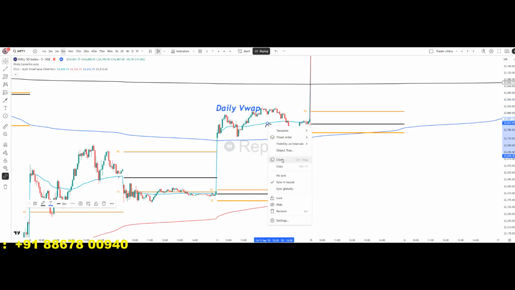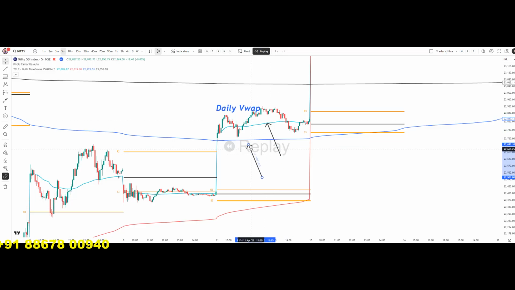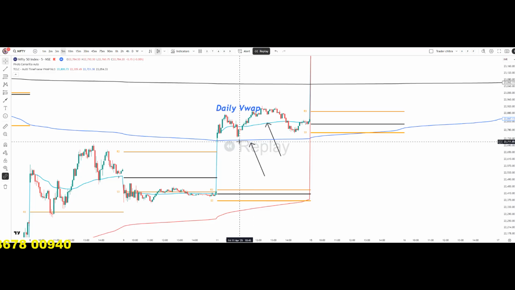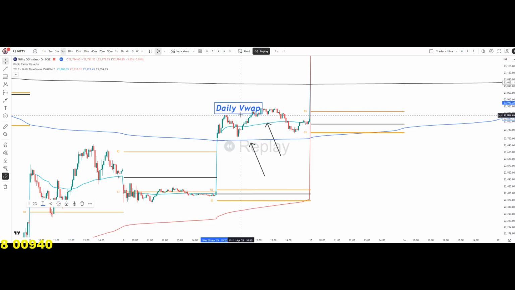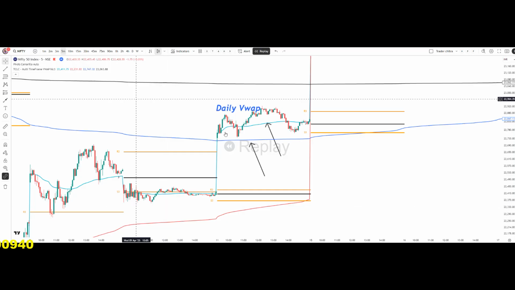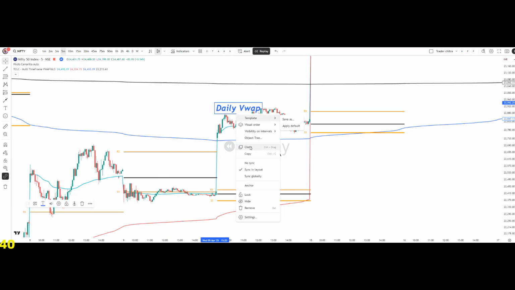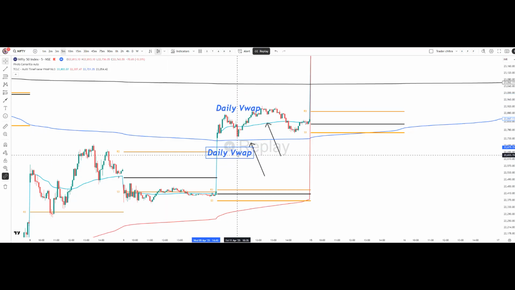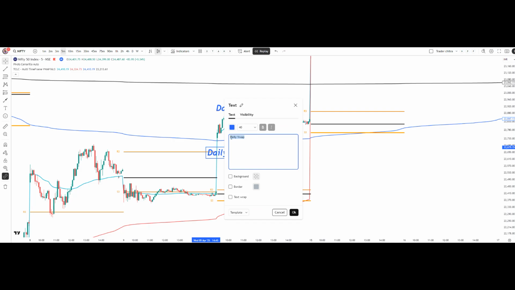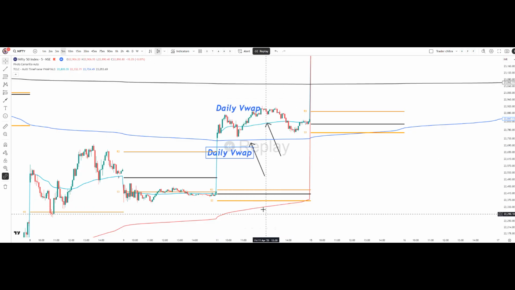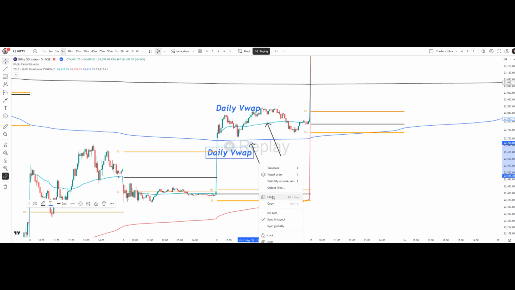Below we can see one more VWAP, this is the violet color VWAP, which is the monthly VWAP. And this is the red color VWAP, which is the weekly VWAP.